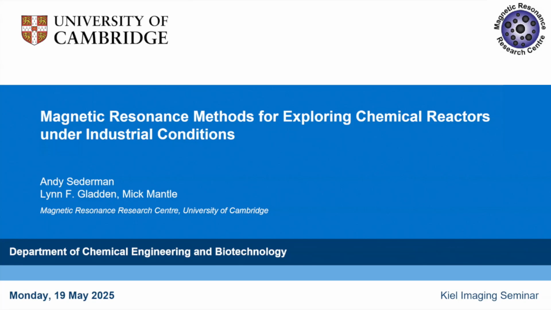Andy is a professor for magnetic resonance and engineering at the University of Cambridge in the Department of Chemical Engineering and Biotechnology. At the Magnetic Resonance Research Center, the MRRC, his work is focused on developing magnetic resonance techniques for the application to engineering and materials. So a little bit different to our usual topics.